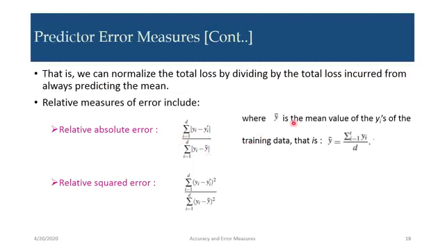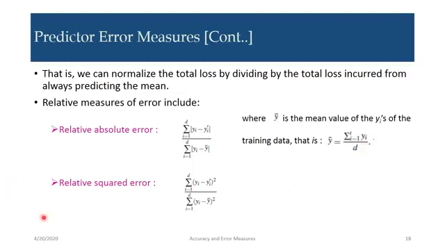Here y mean is the mean value of the yi of the training tuples, that is y mean is equal to the summation of i equal to 1 to d of yi divided by d. So you calculate all the response values divided by the number of tuples.